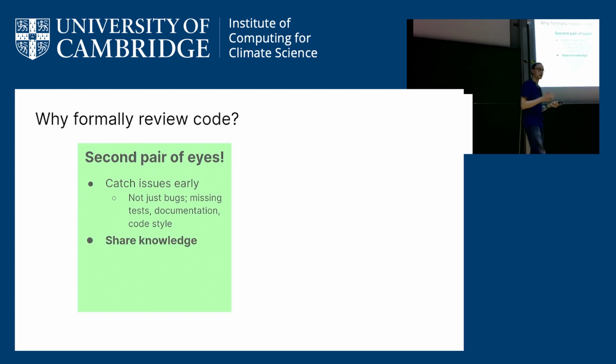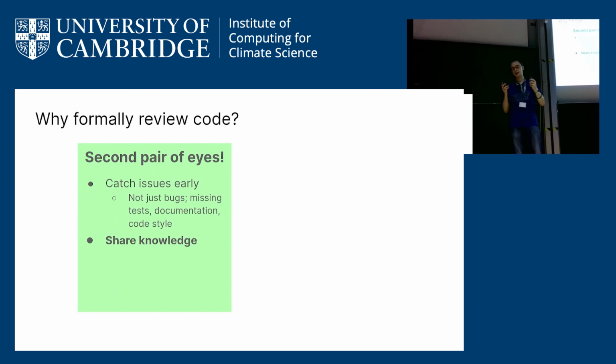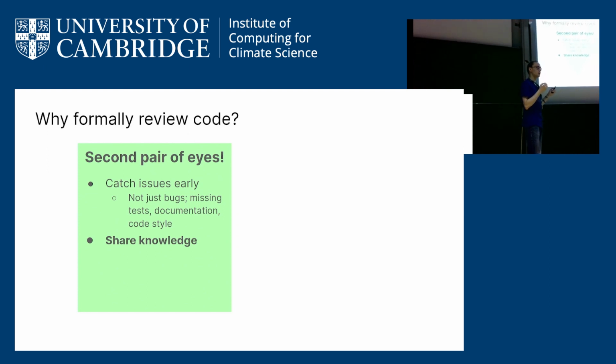Another big point is sharing knowledge. And this is, again, a big deal for having a large collaborative team, especially so if you're working remote. If you have team members working on some research or software project who are geographically distant, then you're even more likely to end up in, well, this is the software engineering word for it, silos.